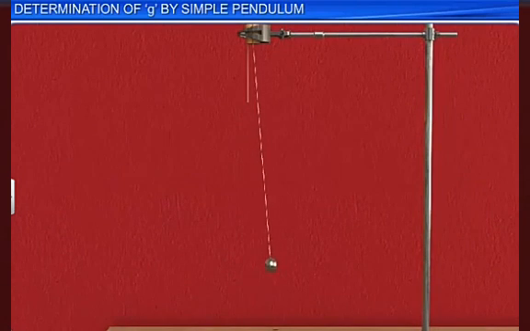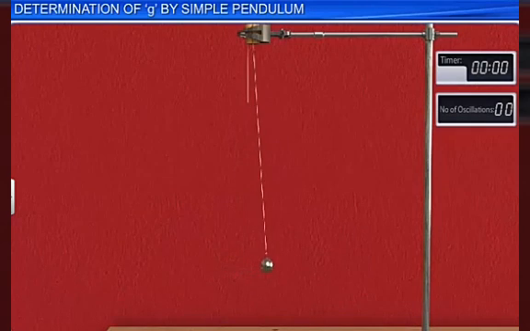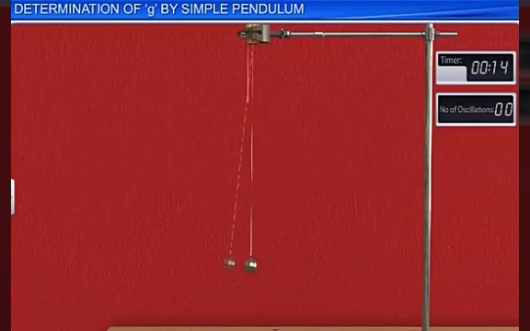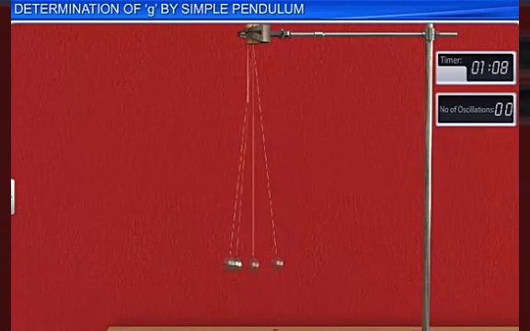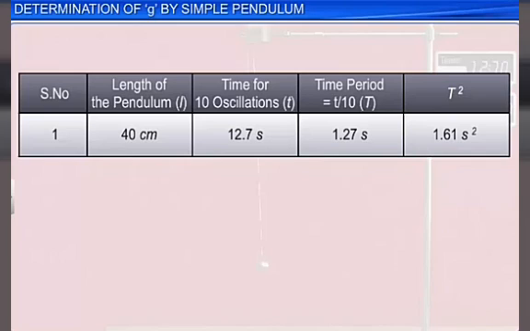The pendulum starts oscillating. Start the stopwatch when the pendulum is at one of the extreme positions. Stop the stopwatch after 10 oscillations. Note the time required for 10 oscillations.